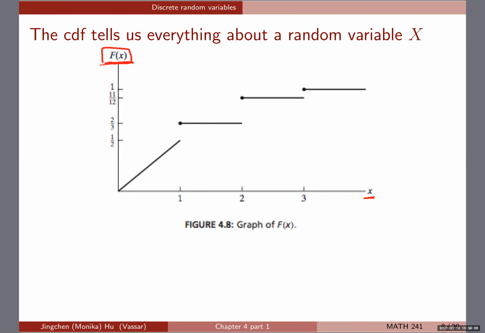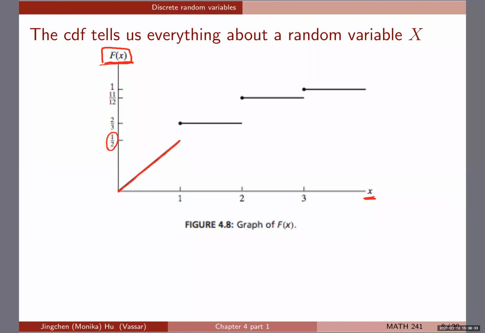One thing we notice is that it starts at 0. Fx starts at 0 when small x is 0 here. Then it's a function going up to 1 over 2, a straight line, up until small x equals 1.